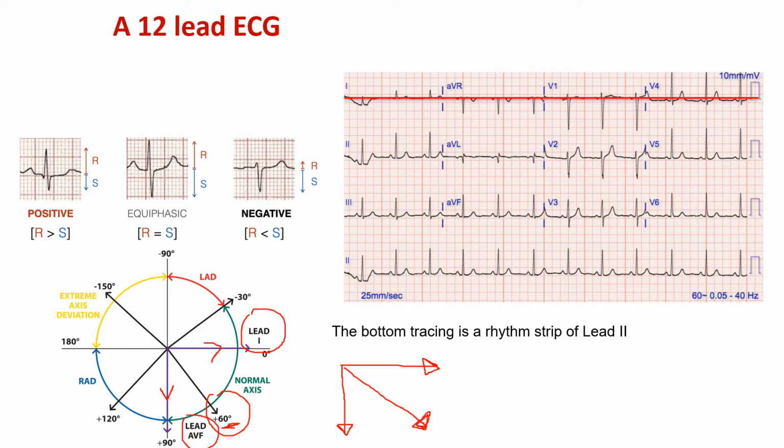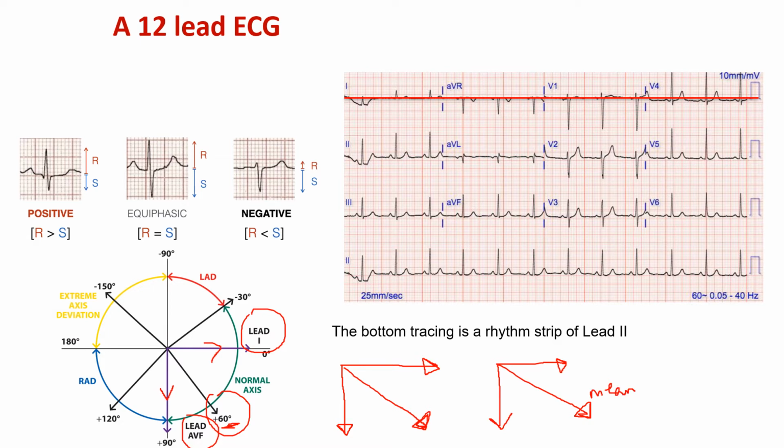As I said, anywhere from -30 to 90 degrees would be where you should have a normal axis. And this has to do with physics. When you have a vector going this way, you draw the other vector right here, kind of perpendicular to it, and then you draw the mean vector in the middle, and that would be the mean electrical vector right here.